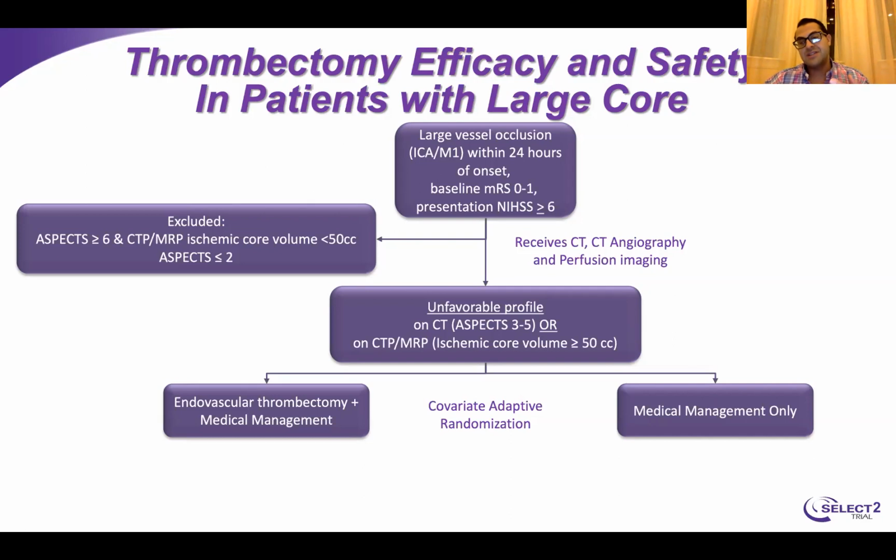You have fewer patients dying and fewer craniotomies. So overall, patients who were classically treated with mechanical thrombectomy were these really good patients.